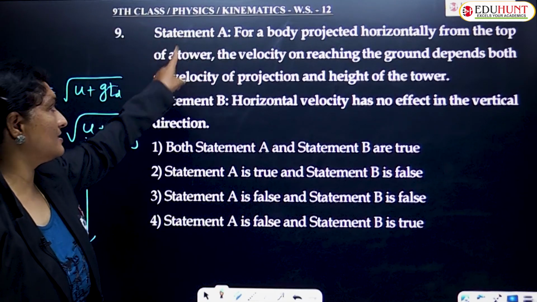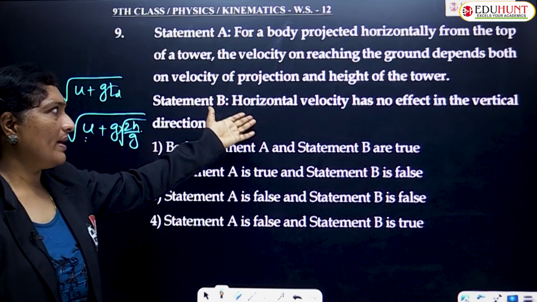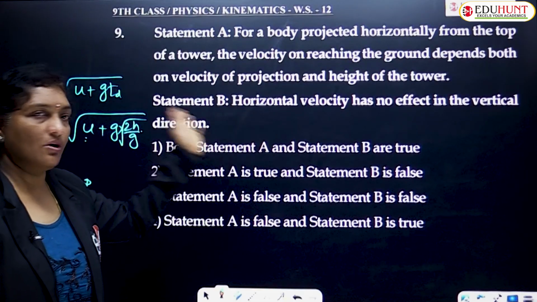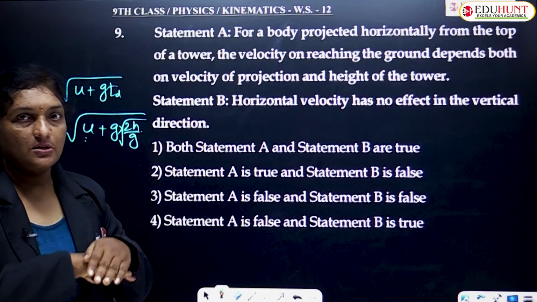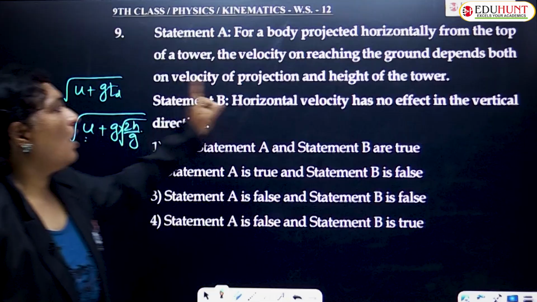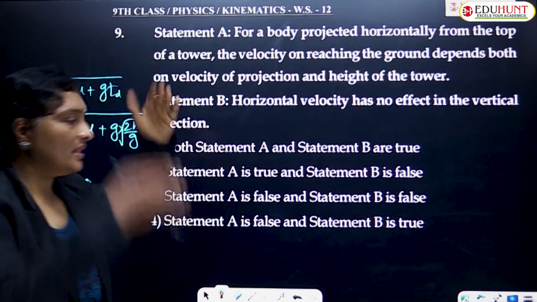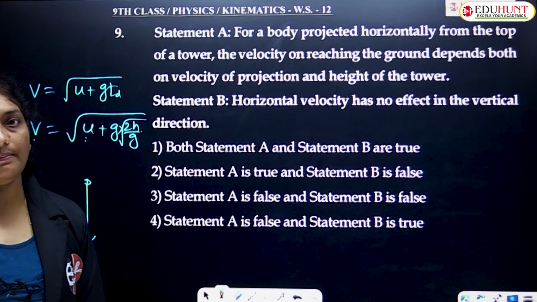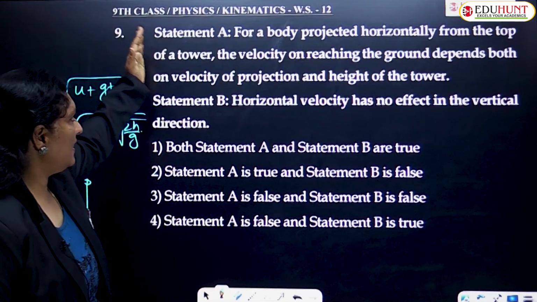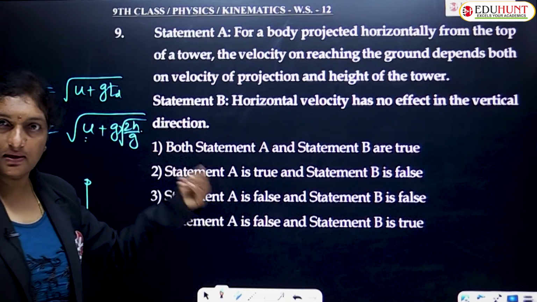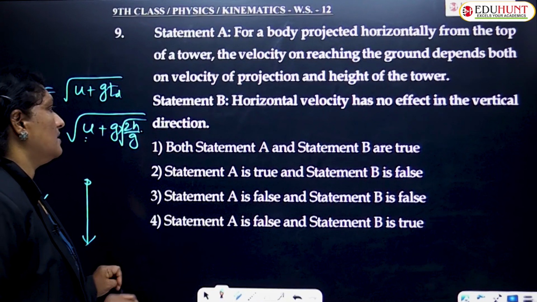But we know that the first statement is true, and we have discussed the same statement a number of times in the previous cases. There is no effect of the horizontal velocity during the entire vertical motion. So statement A is also true and statement B is also true. Both the statements are true.